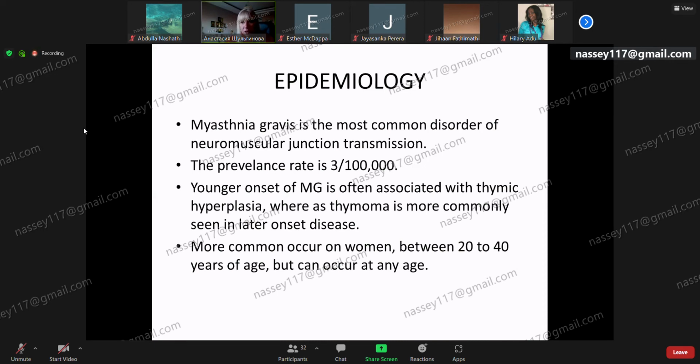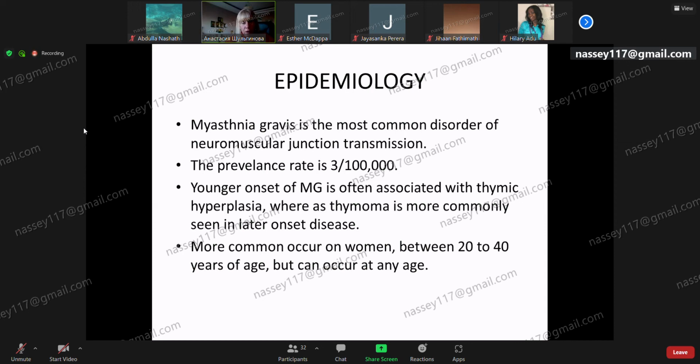Myasthenia gravis, as we said before, is a common disorder of neuromuscular junction transmission. Young onset is often associated with hyperplasia of the thymus. Thymoma is more commonly seen in later onset disease.